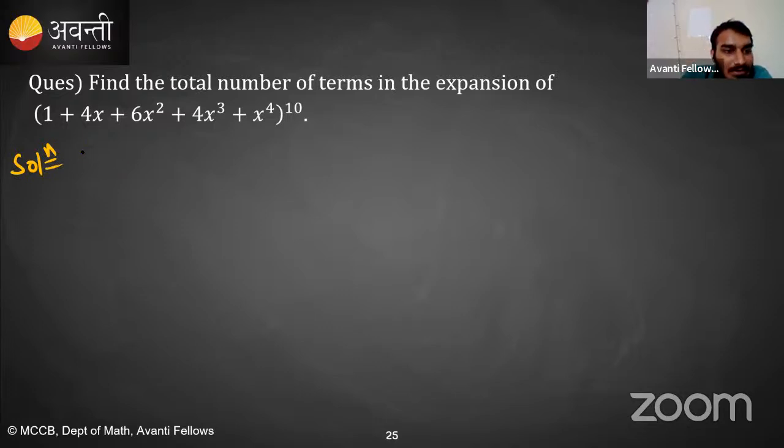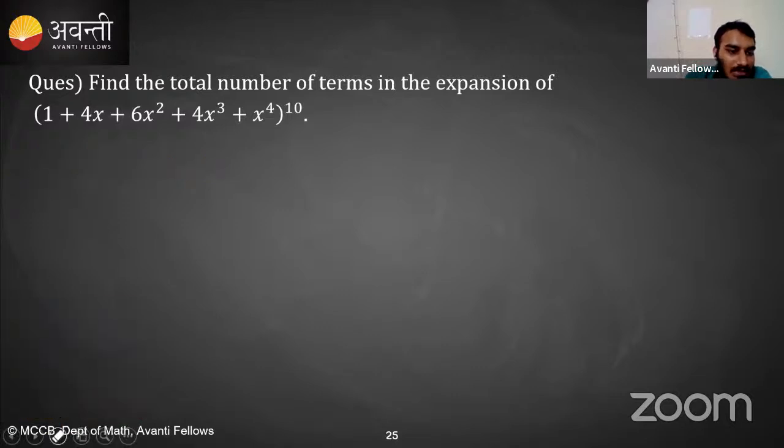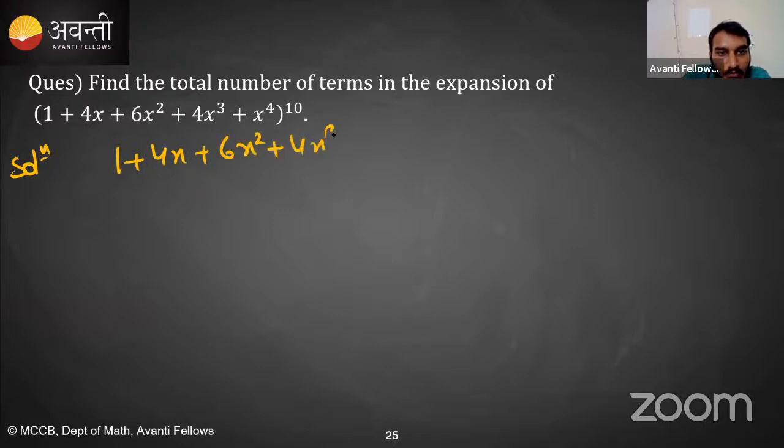It is written as 1 plus 4x plus 6x square plus 4x cube plus x raised to the power 4. First of all, just analyze this expression. Forget about everything. Analyze this expression. What is the expression? Clear?